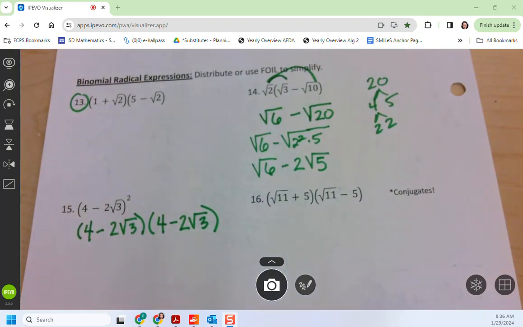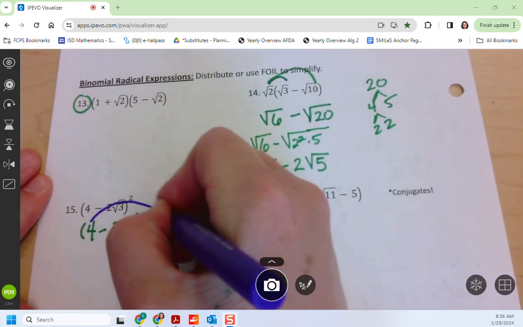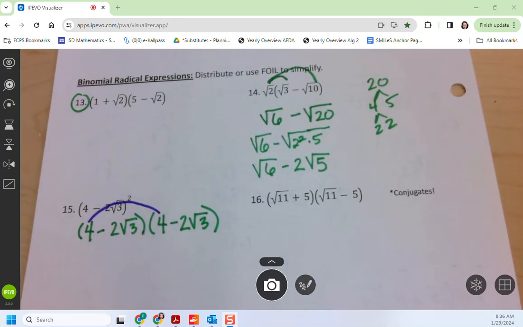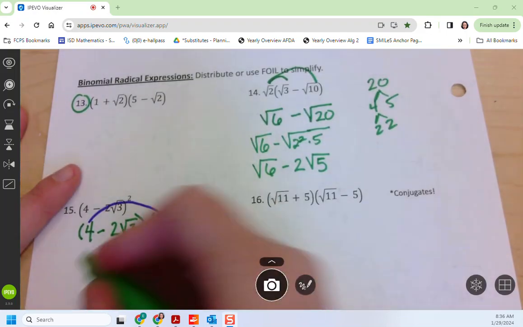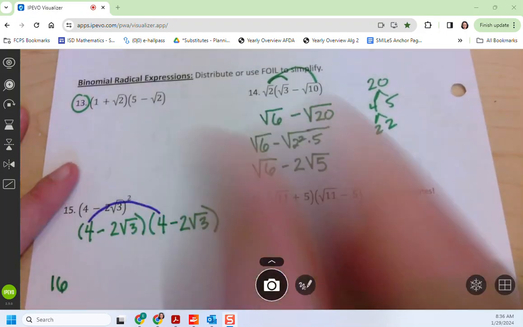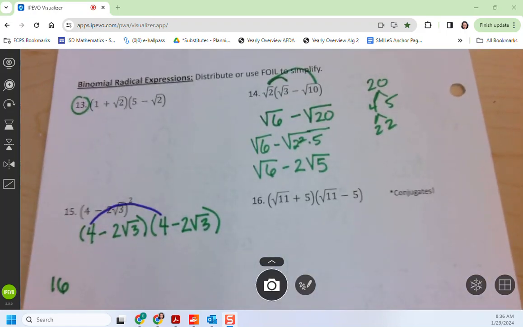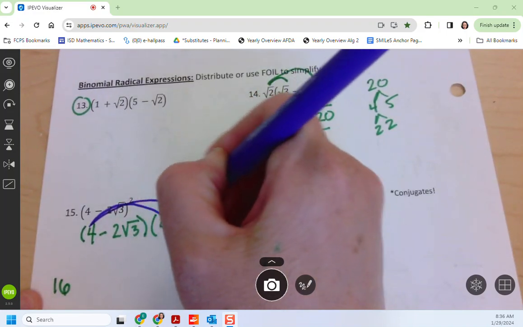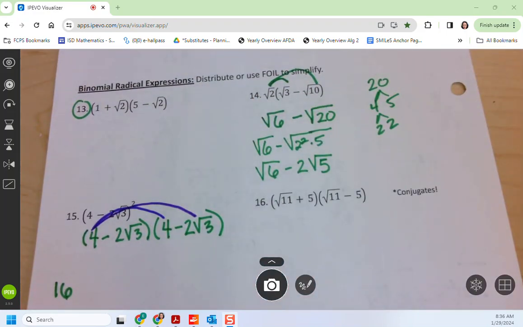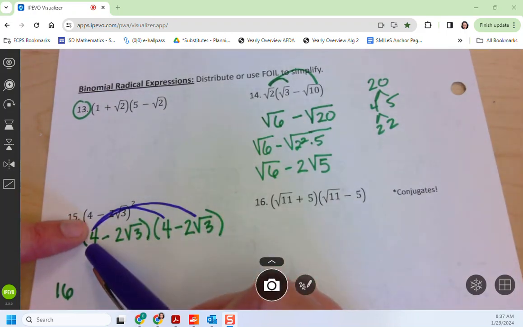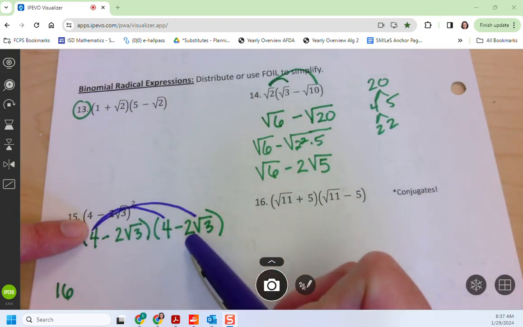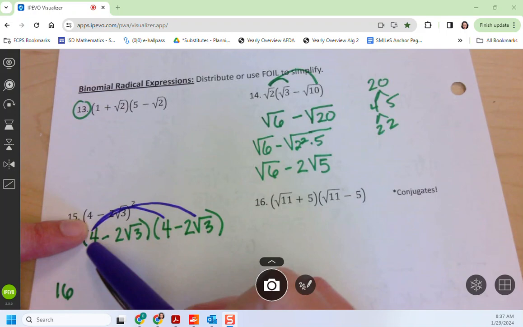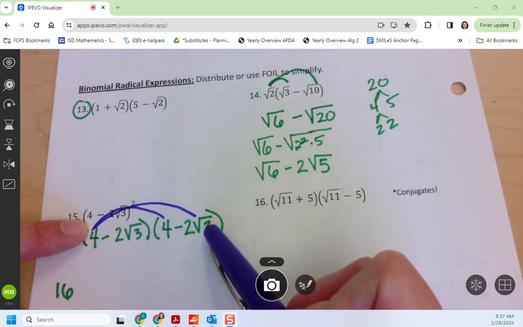I'm going to start with 4 times 4. So 4 times 4, I get 16. And then I'm going to do 4 times negative 2 root 3. Now you can multiply these together. The 4 will multiply times the negative 2 because it doesn't have a root on it, so it doesn't multiply by the root part.